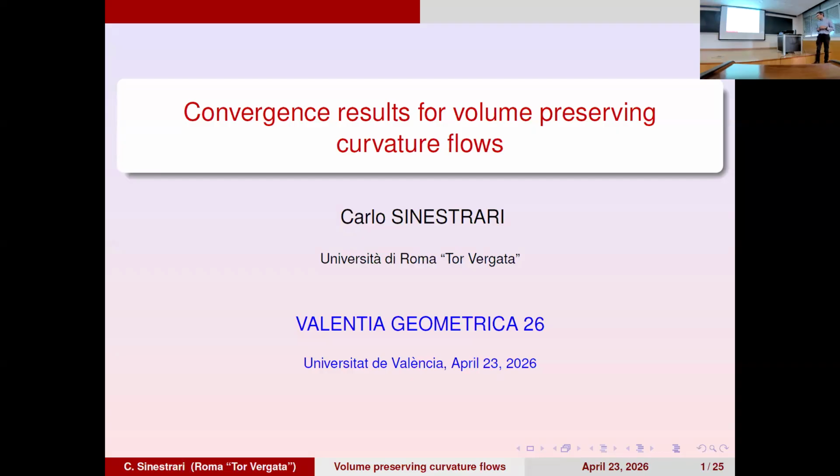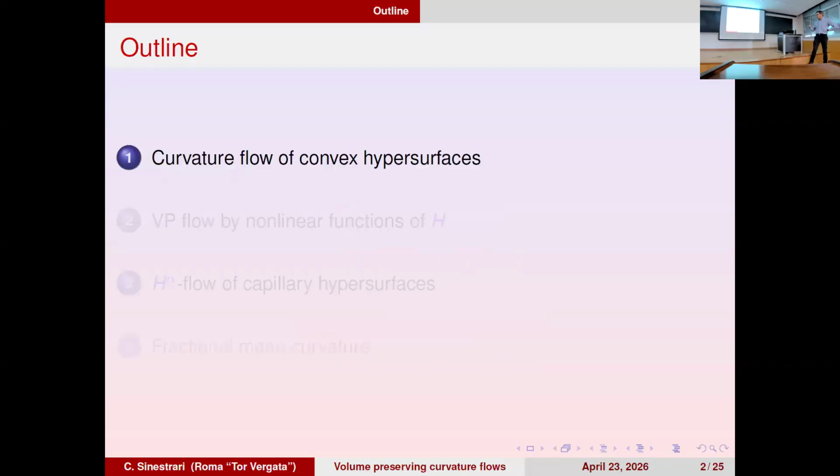And the general idea will be to see for which situations we can prove a result similar to the classical Huisken one, that convex hypersurfaces converge to something round. And so I will first give some introduction, and then I will basically present 3 different results with more or less a similar strategy.